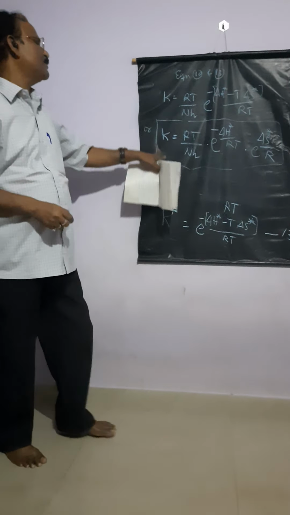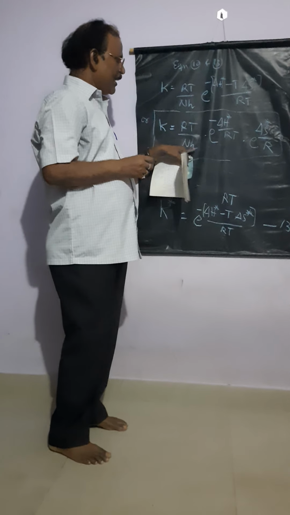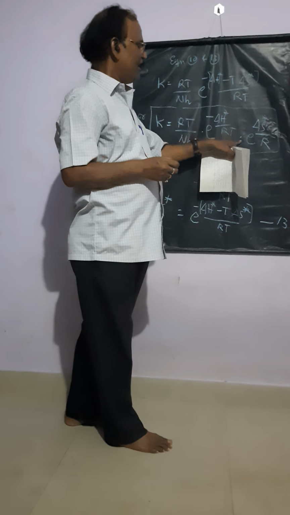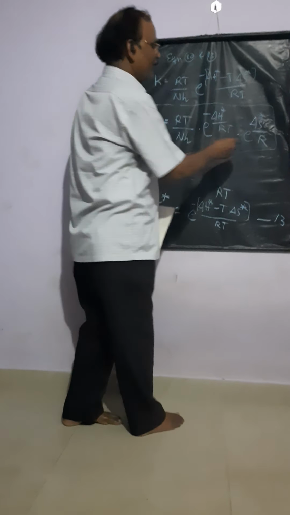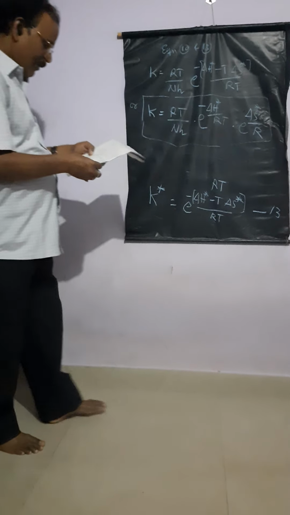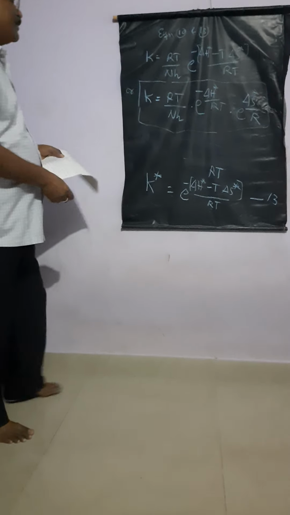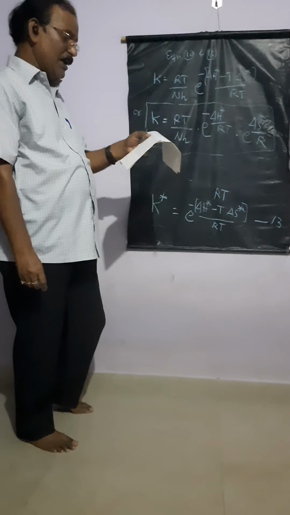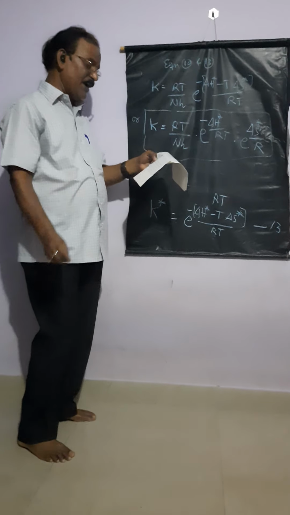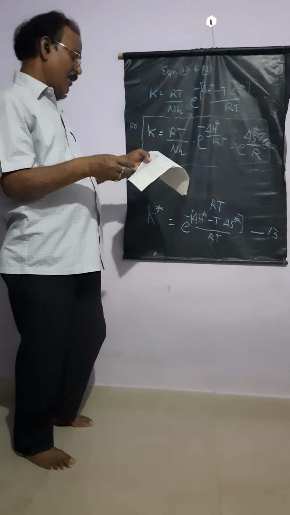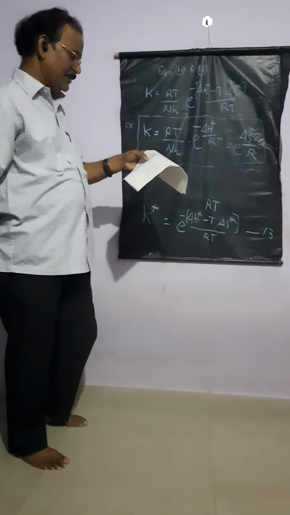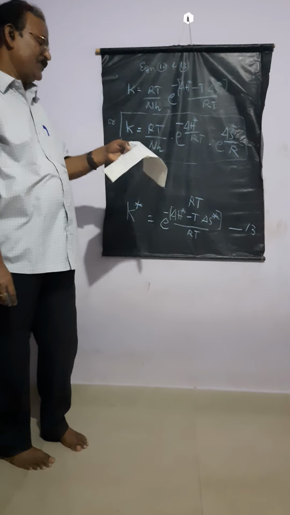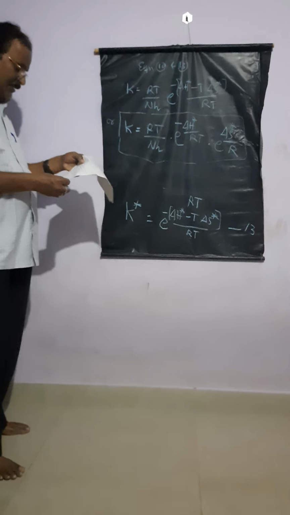K is equal to RT divided by Nh into e to the power of minus delta H star divided by RT into e to the power of delta S star divided by R. Here delta H star is the standard enthalpy change of activation, and delta S star is the standard entropy change of activation, of the activation complex.